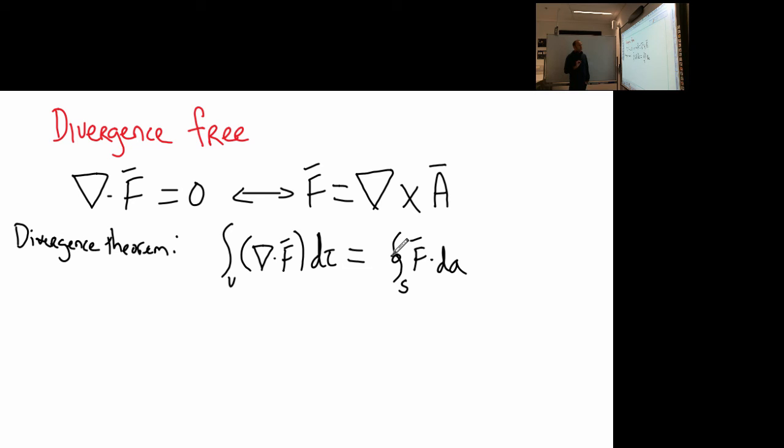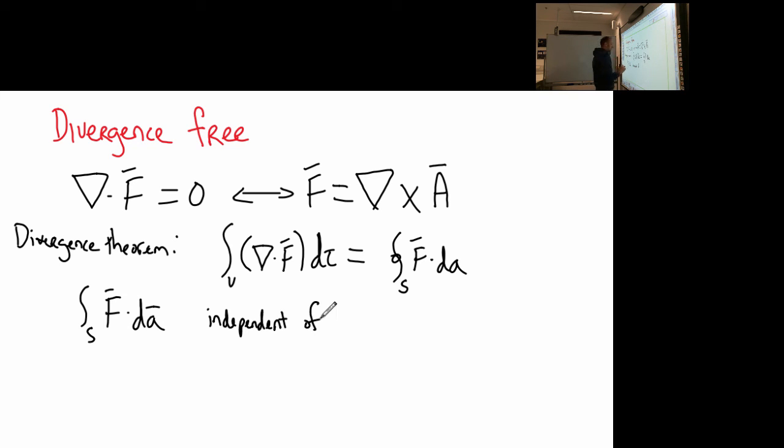So if we look at this in a bit more detail, we can break it down. What we can say now with divergence-free fields is that it depends only on the boundary line. It's independent of the surface. So we've got the integral of F dot dA, and it's independent of surface.